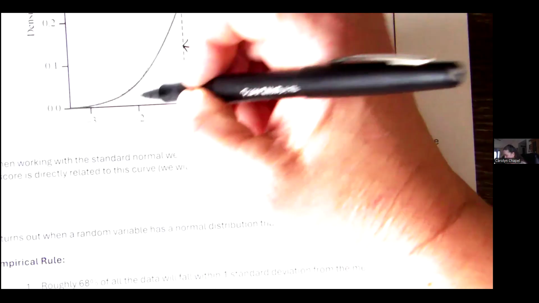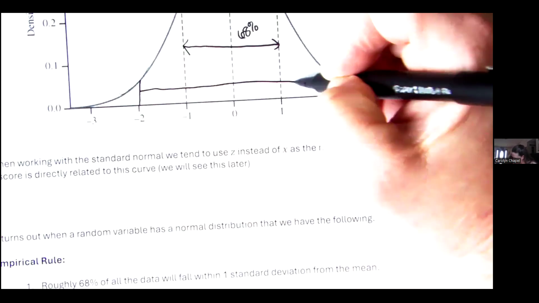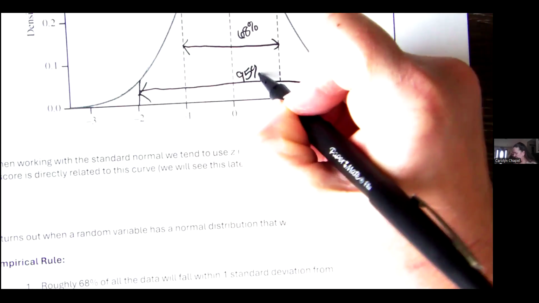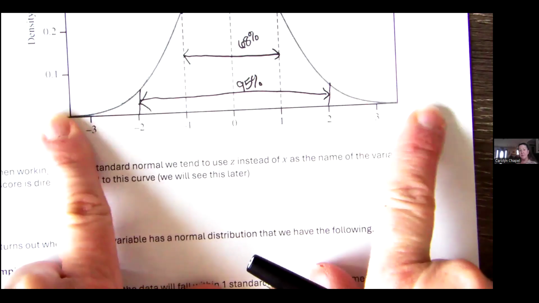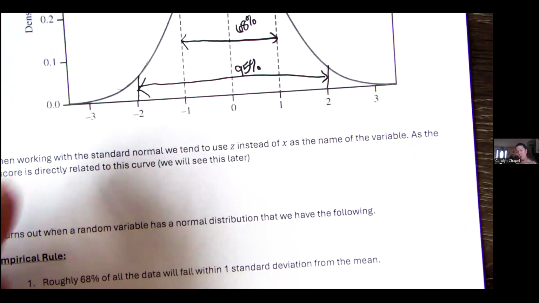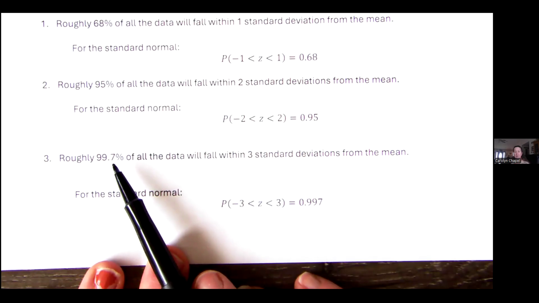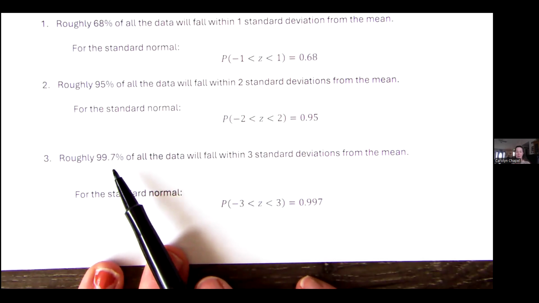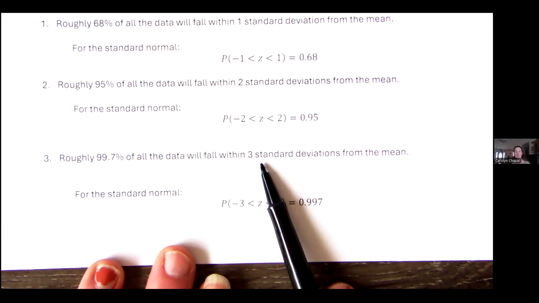So on our picture, we get 95% in this region, which means we only have 5% outside of those places. And the last step says, well, what happens if I go even a little bit further? If I go within 3 standard deviations, 99.7% of all of our data is going to be within 3 standard deviations of our mean.